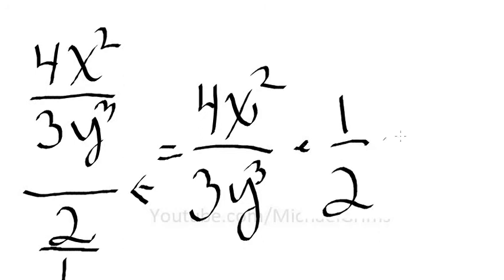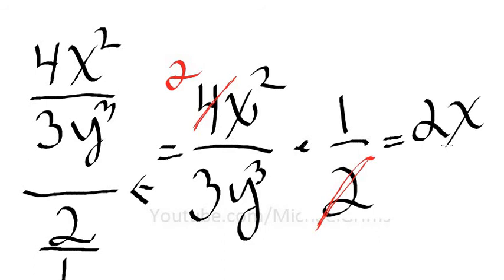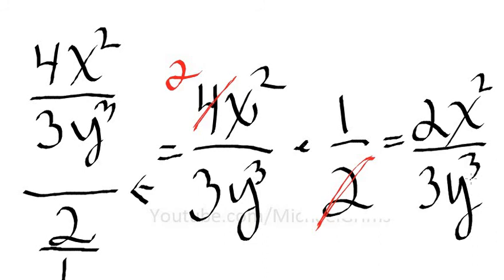What do we have? We have a 2 down here in the denominator, and a 4 here, so that 4 can be changed to 2 because the 2 goes into 4 two times. It doesn't look like we're going to be doing much more simplifying. It just becomes 2x squared over 3y cubed.